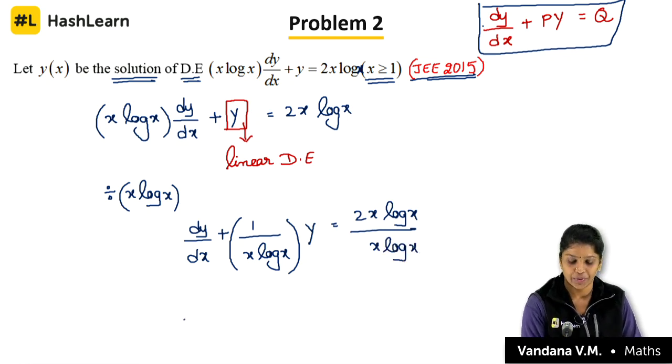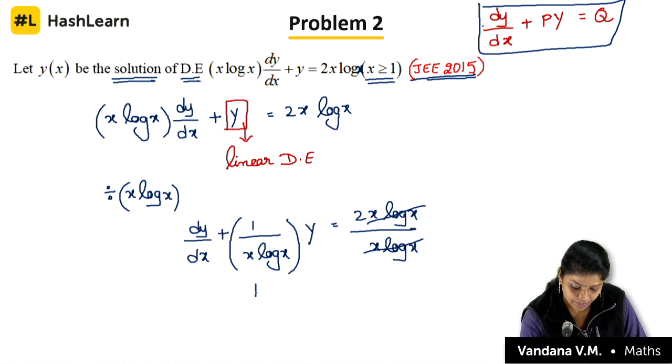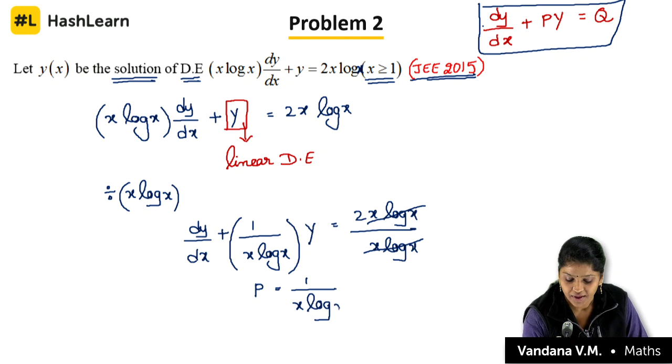I hope this is clear to you. Now x log x will get cancelled. Now this is in the form of this, right? So here the p value is 1 by x log x, and the q value is 2.